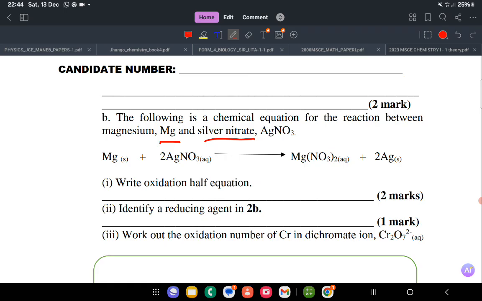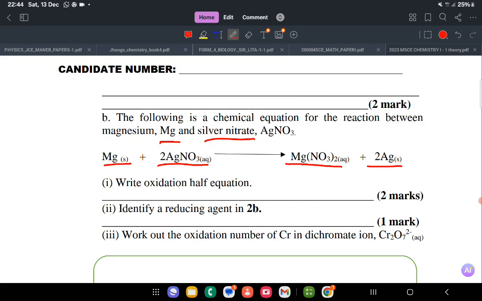We have magnesium in solid form and silver nitrate in aqueous form. So the products will be magnesium nitrate and silver metal.